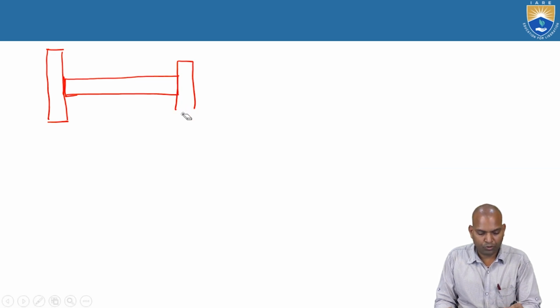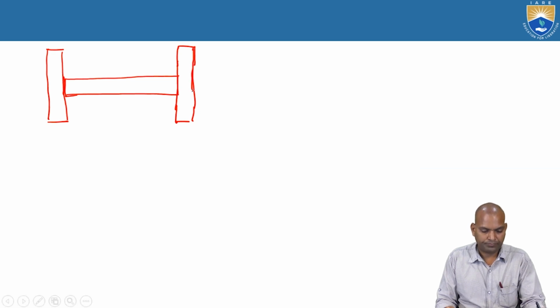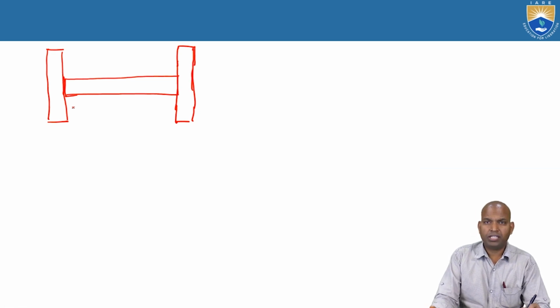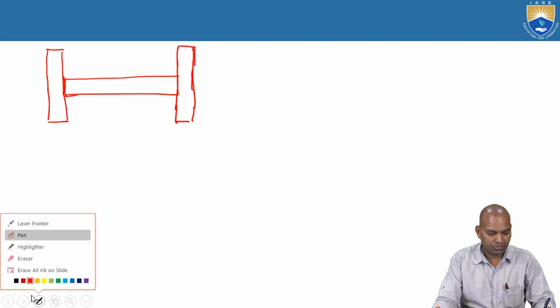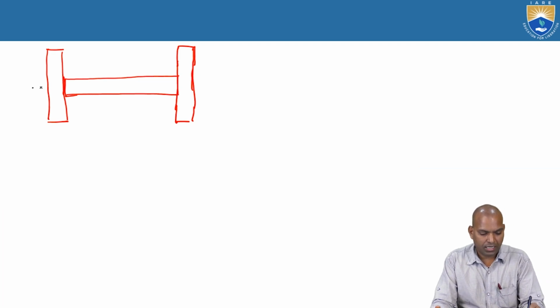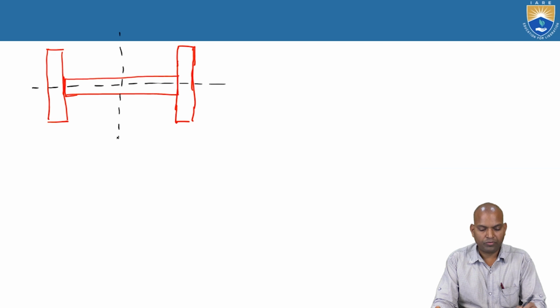We follow the both equal sections. This H section is symmetrical about both axis x and also axis y.